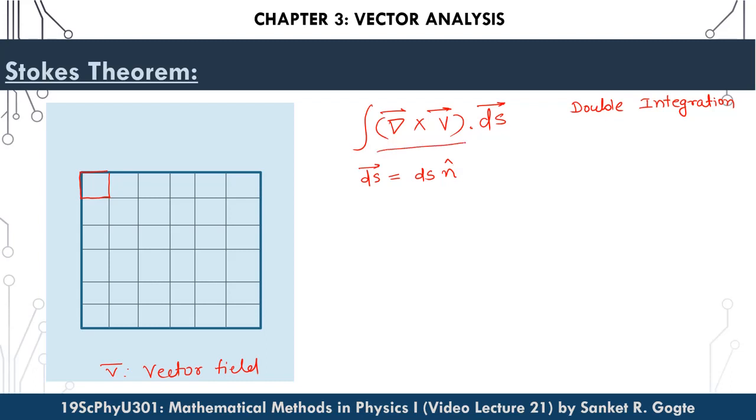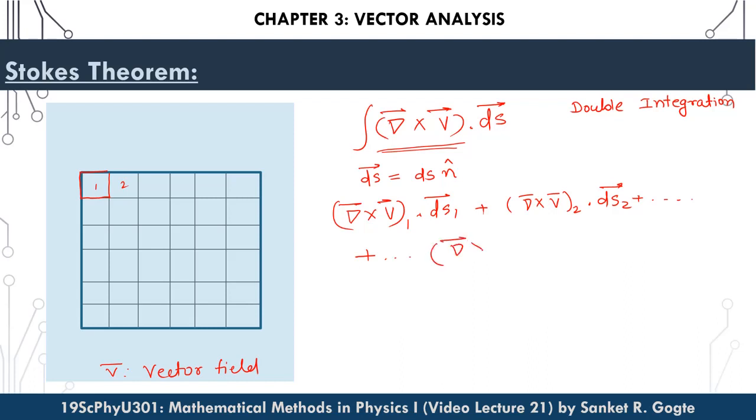And while calculating this integration, what you do is you consider this sum: del cross v at the given area element, let's suppose this is the first area element, dotted with ds1, plus del cross v at the second point for this second area element, into ds2, and in this way you go on summing over all the dot products such that n is tending to infinity.